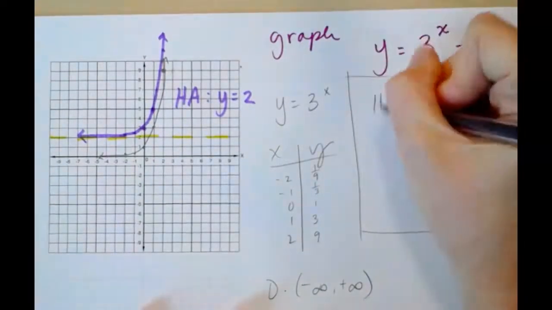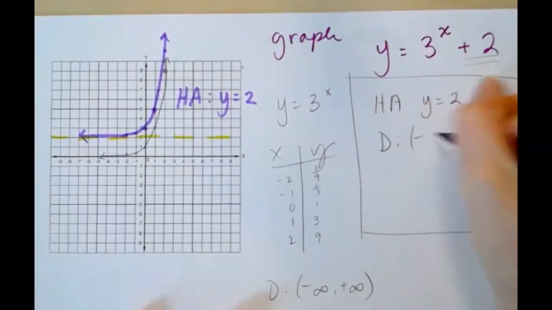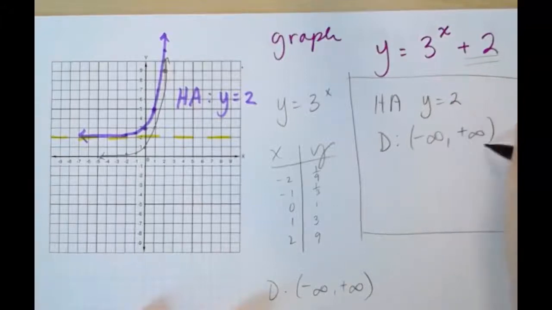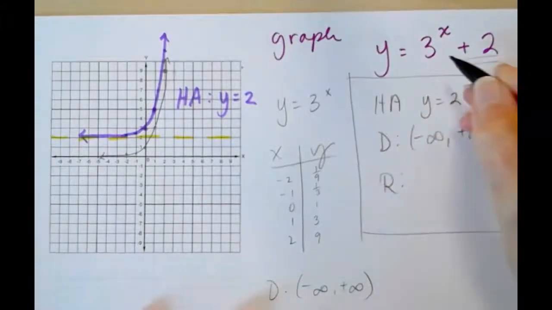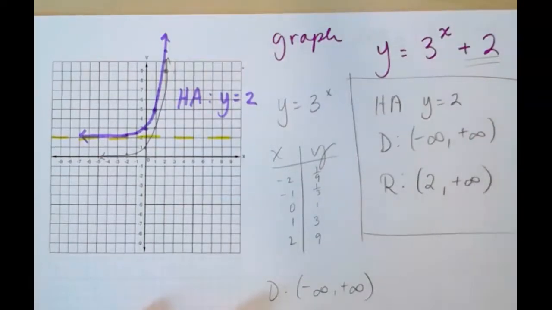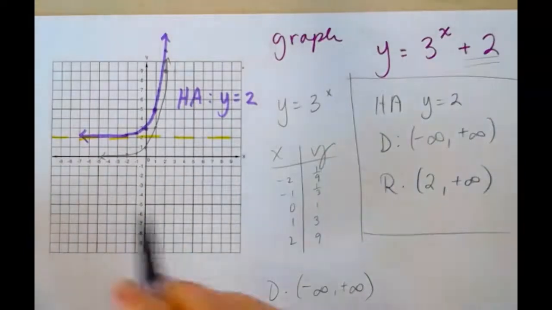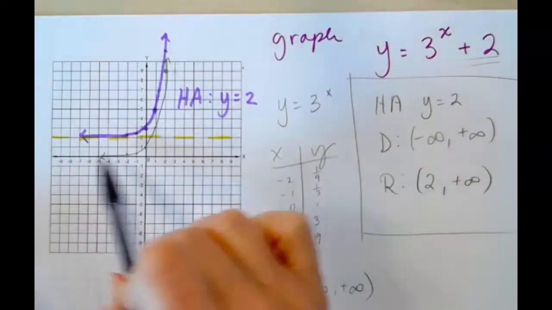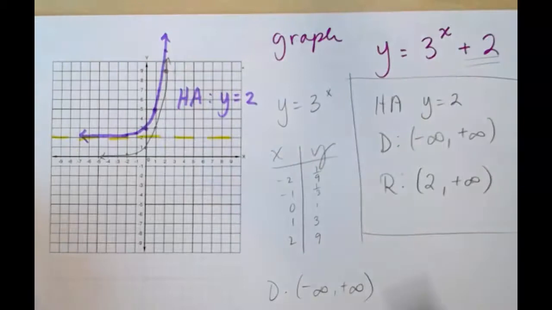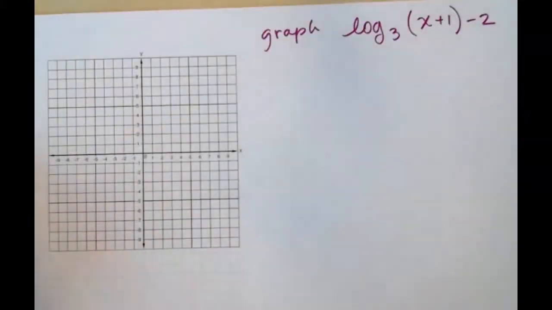The domain is still all real numbers, but the range of y equals 3 to the x plus 2 is lifted up, so the range is 2 and bigger. Okay? So I have no problems with you penciling in that parent graph and then making the transformation. All right.